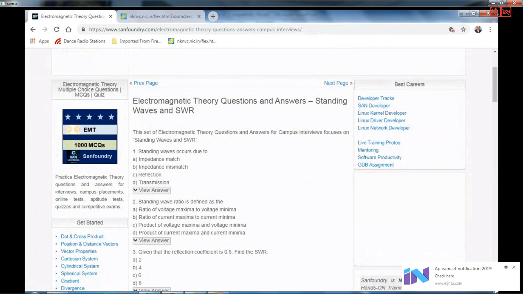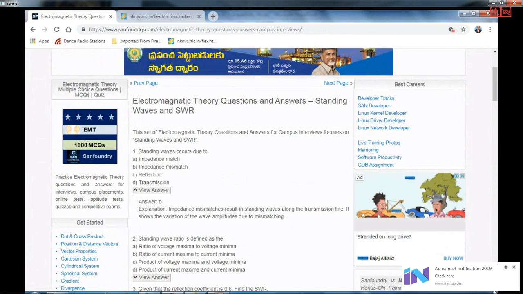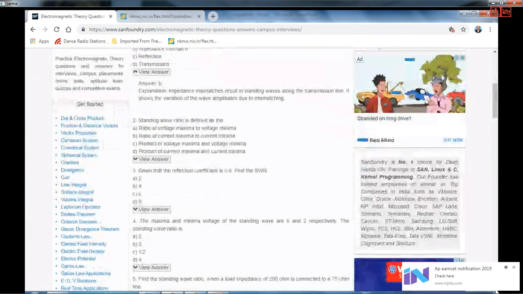So impedance mismatch results in standing waves along the transmission line, and it shows the variation of the wave amplitudes due to mismatching.